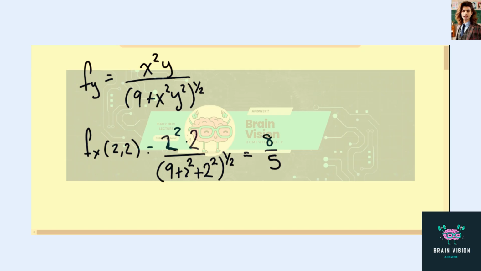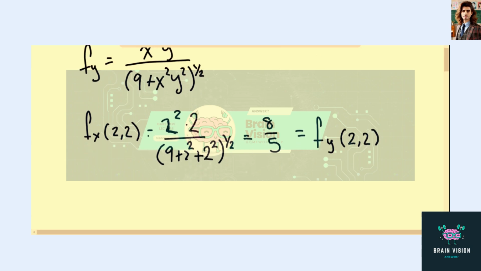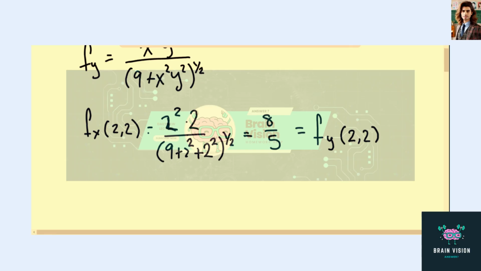Due to the symmetry, the partial derivative with respect to y is also going to have the same value. Now, of course, if we had different values for x and y, like at (2, 3), we would get different answers, but they made it a little bit simpler for us.